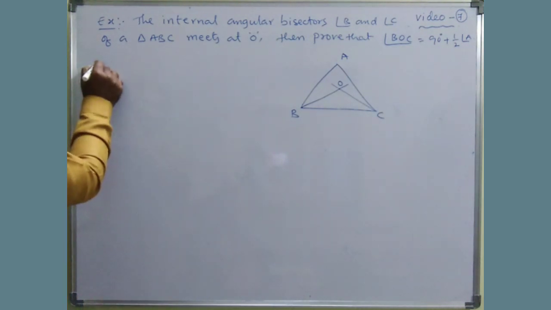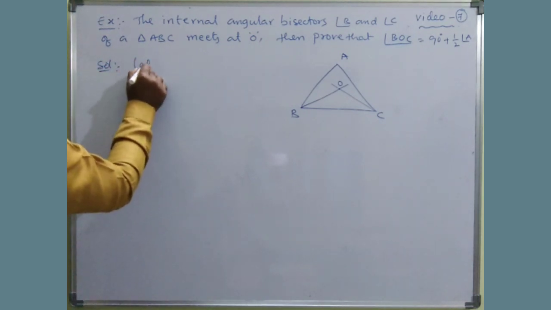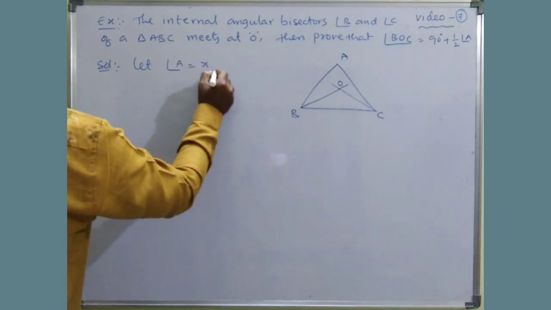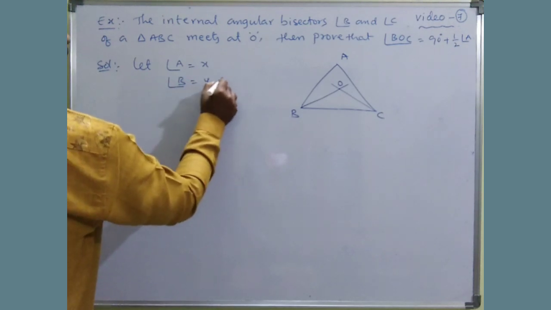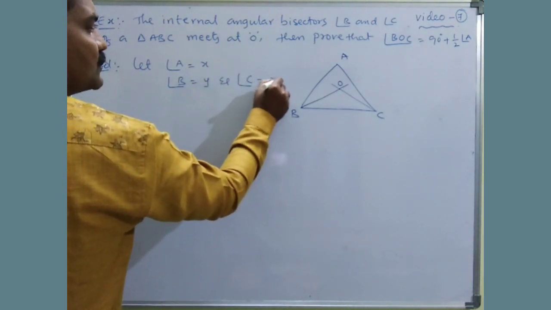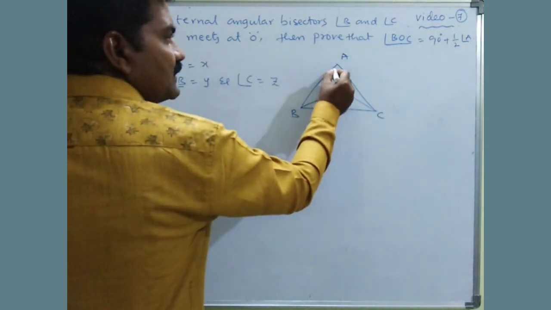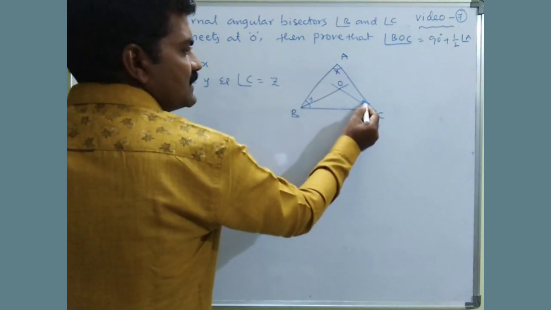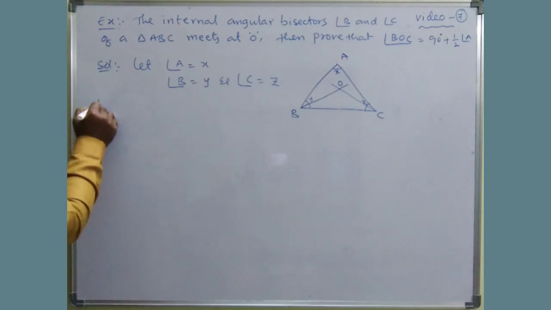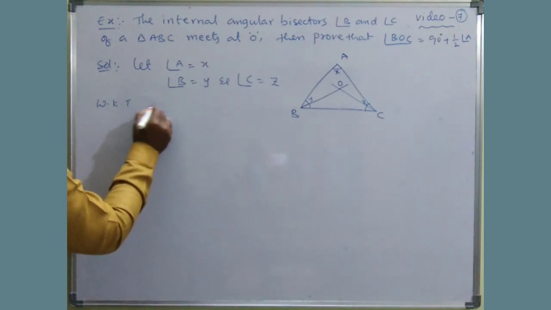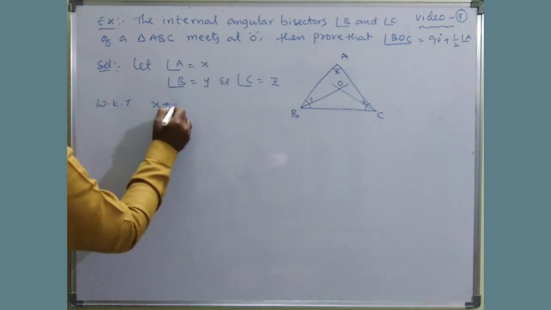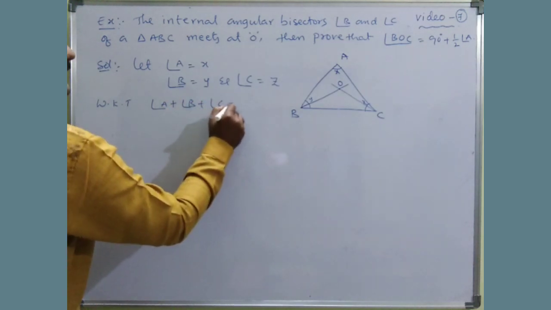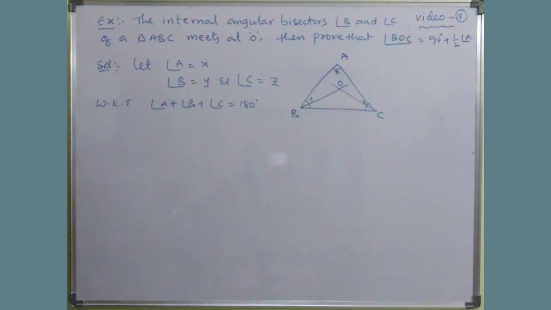So first of all, let us assume that angle A is equal to X, angle B is equal to say some Y, and angle C is equal to Z. This entire angle is X, this entire angle is Y, and this entire angle C is some Z. Then we know that the sum of the interior angles, that is angle A plus angle B plus angle C, is equal to 180 degrees.